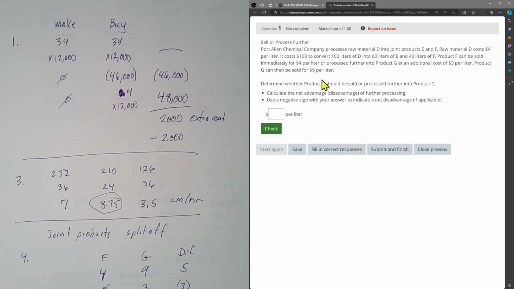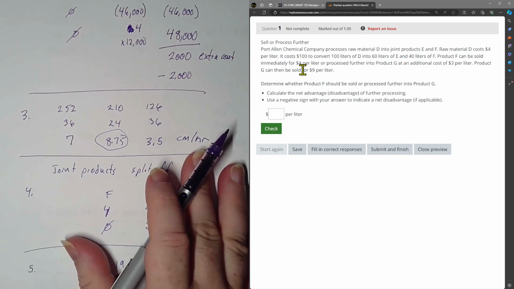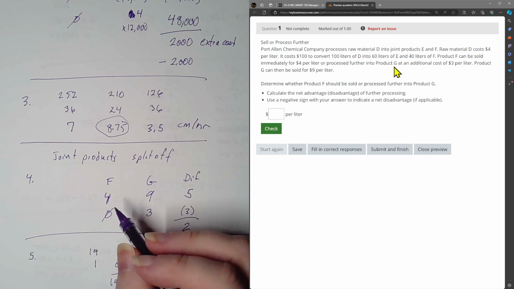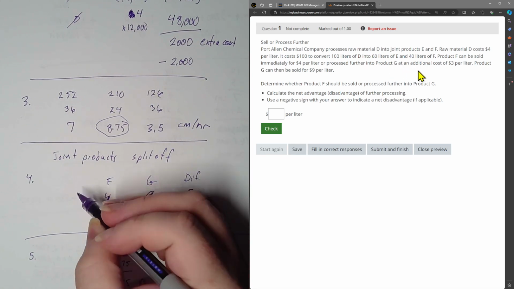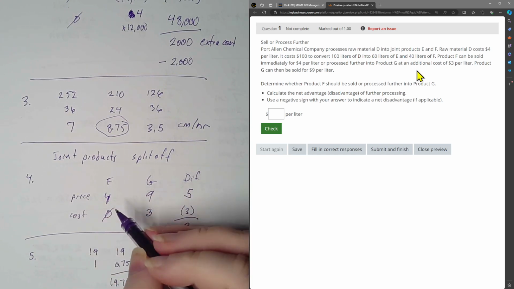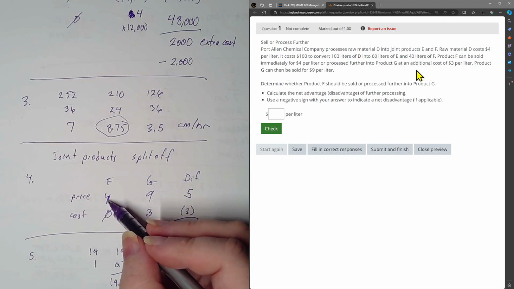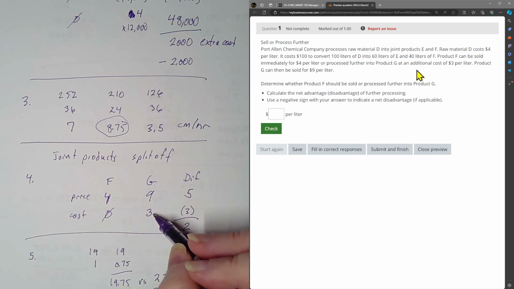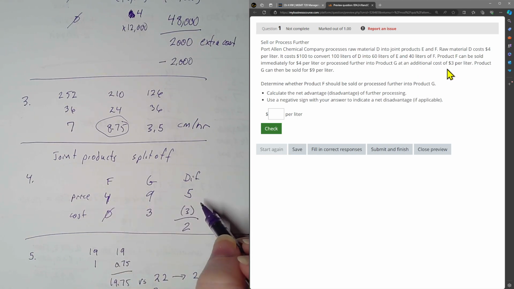Product F can be sold immediately for $4. That's what I have. Product F is $4. Product G can be produced for an additional $3. So this is the selling price, and this is the cost. So there's no additional cost to sell F as is at $4. Or we can spend an extra $3 to sell it at $9. So what's the difference?